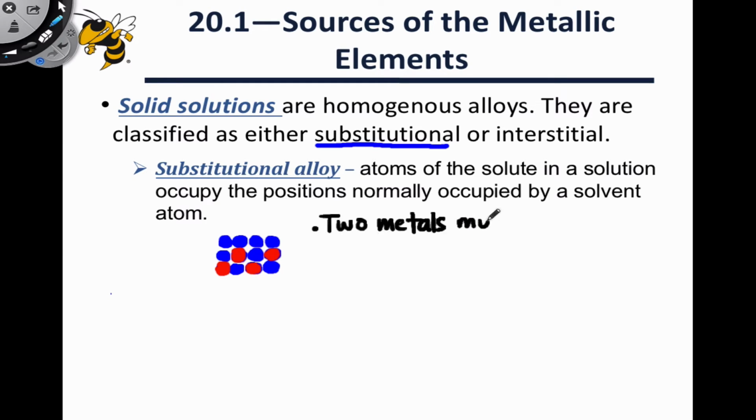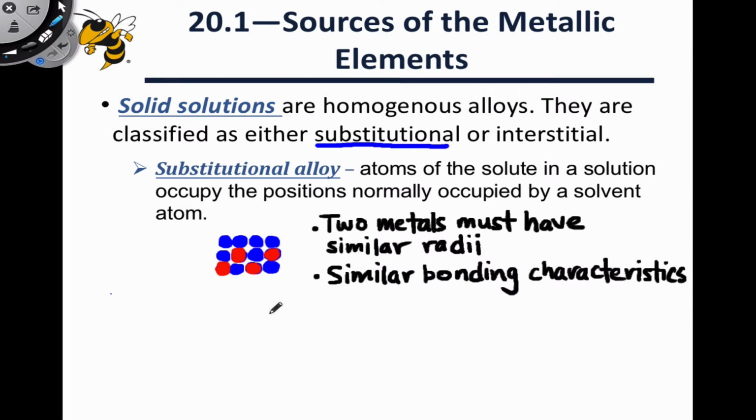There are two important conditions that we need to keep in mind here for substitutional alloys. The first is that the two metals must have similar radii, so that the solute metal can replace the solvent metal without a large disruption to the crystal structure. The second condition is that the two metals must have similar bonding characteristics. And by this we mean that they should form the same type of crystal structure so that, again, introduction of, for example, a red metal atom doesn't disrupt the crystal structure of the alloy substantially.